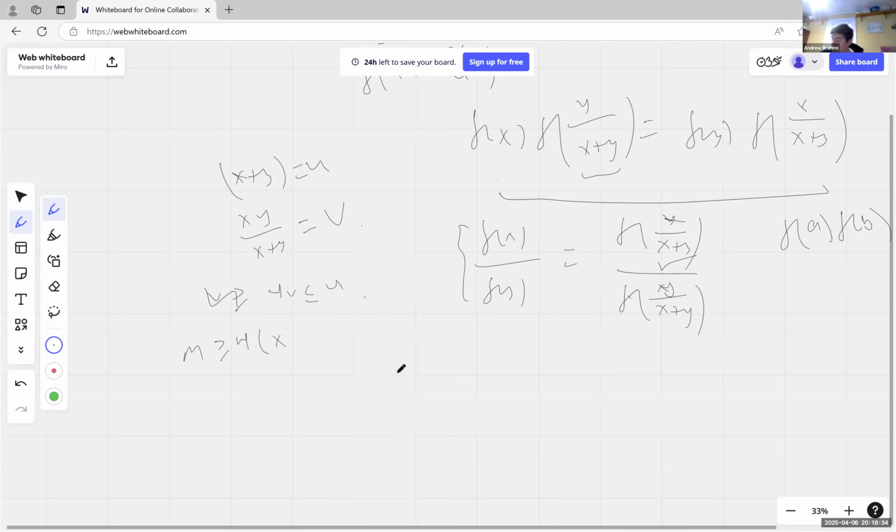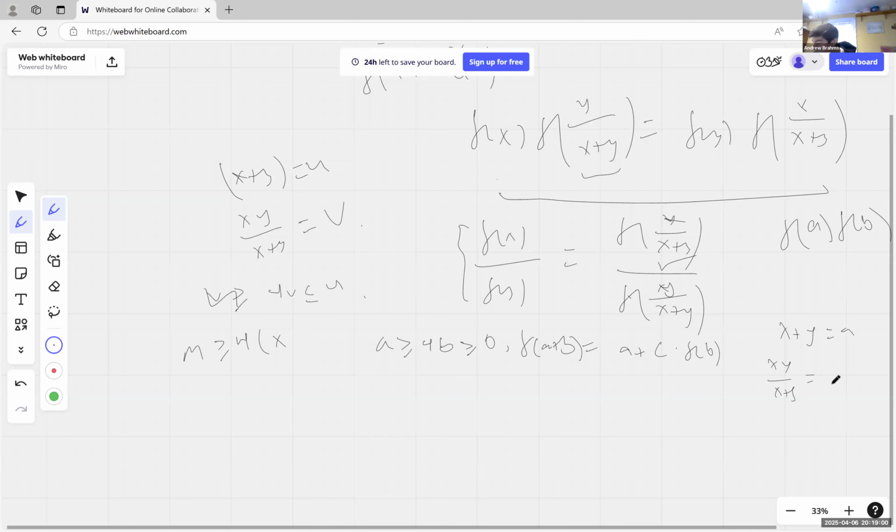Basically, we have that for any a and b, if a is greater than or equal to 4b, which is greater than or equal to 0, then f of a plus b is equal to a plus c times f of b, by taking x plus y being equal to a and xy over x plus y being b.